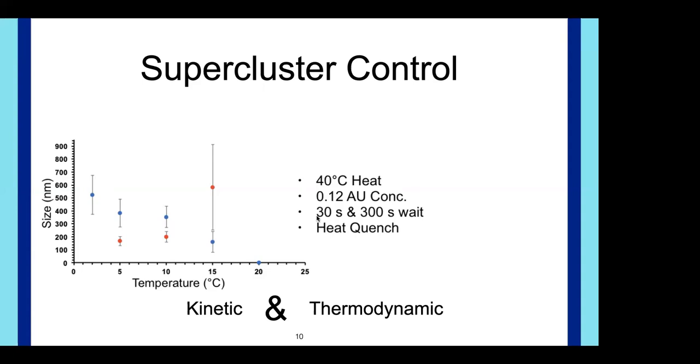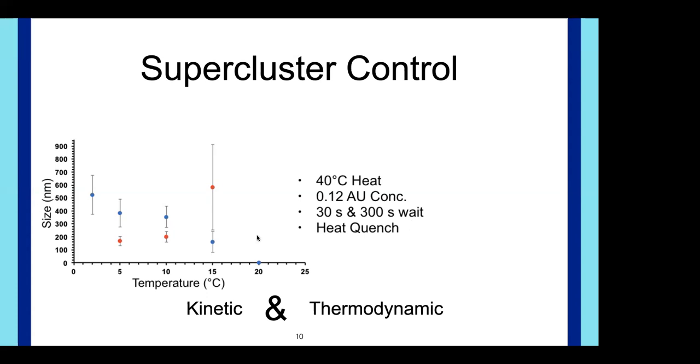But in this case, on the short time scale is the red data points here at 30 seconds, and 300 seconds is the blue. But within the exact same experimental parameters, the solution would be heated up, quenched, a quick measurement taken, and then allowed to sit within the DLS at that temperature for another calibration run and 300 extra seconds wait time. And these would equilibrate in solution and turn into the thermodynamically stable size at that temperature.